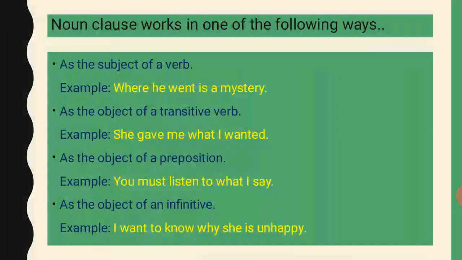Another is as the object of a preposition, as in the example, you must listen to what I say. And the last one, as the object of an infinitive, in the example, I want to know why she is unhappy. So this is the way we can find out the noun clauses.